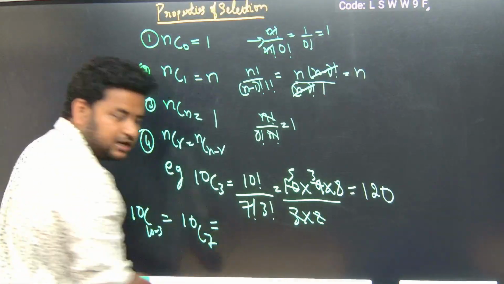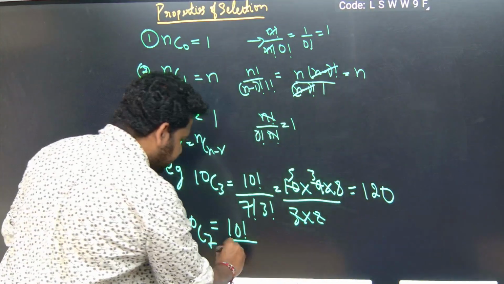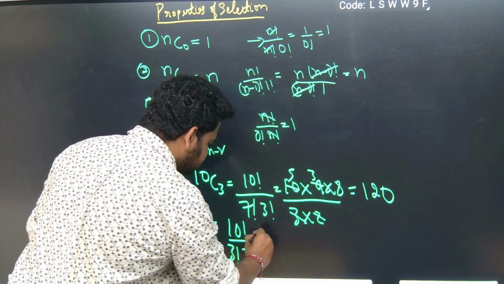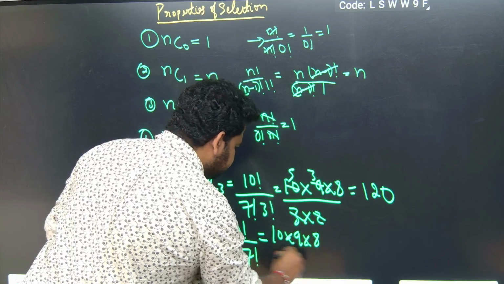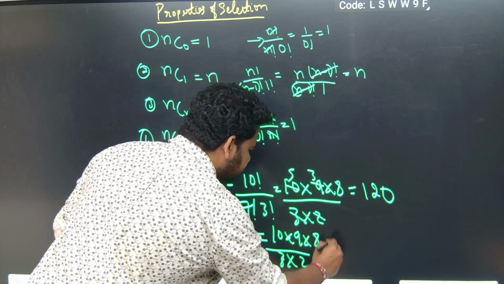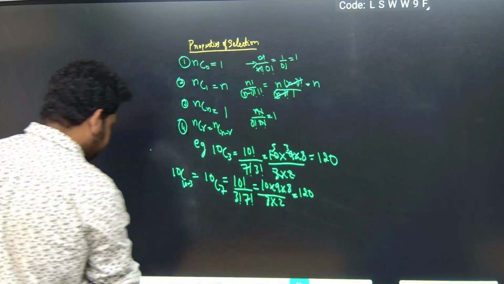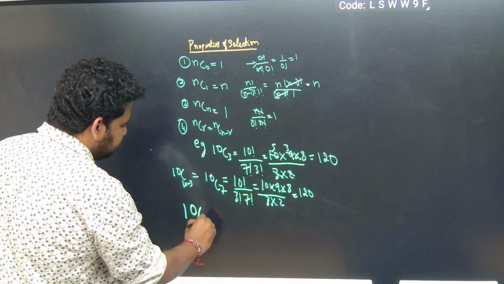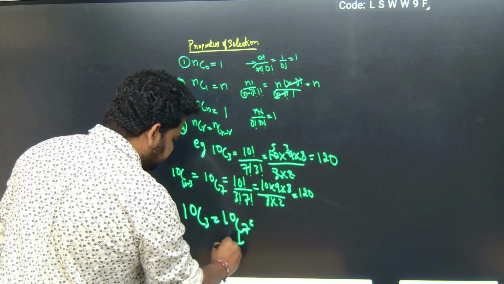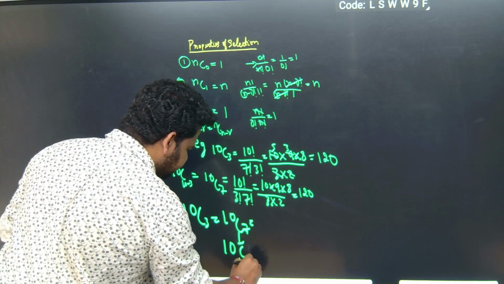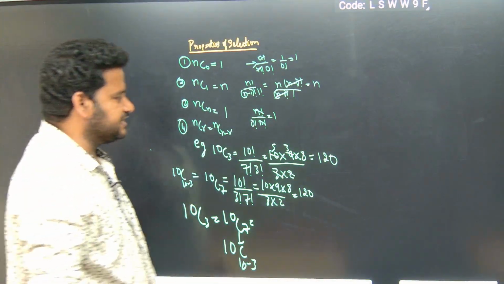So this is equal to 10 factorial by (10 minus 7) is 3 factorial into 7 factorial, so I get 10 into 9 into 8 divided by 3 into 2, which again is 120. Therefore 10C3 is equal to 10C7, which is nothing but 10C(10 minus 3), that is nCr is equal to nC(n minus r). Why is this result important?